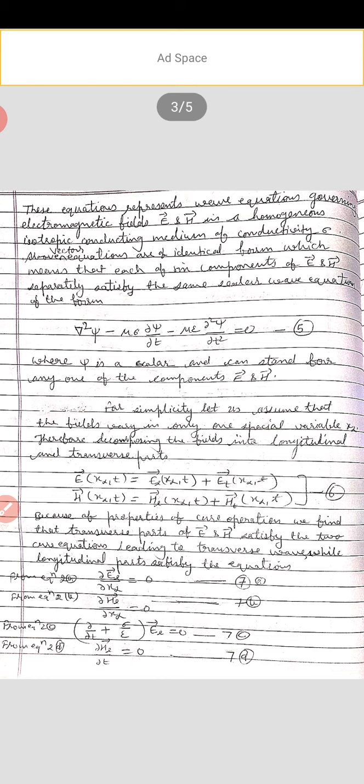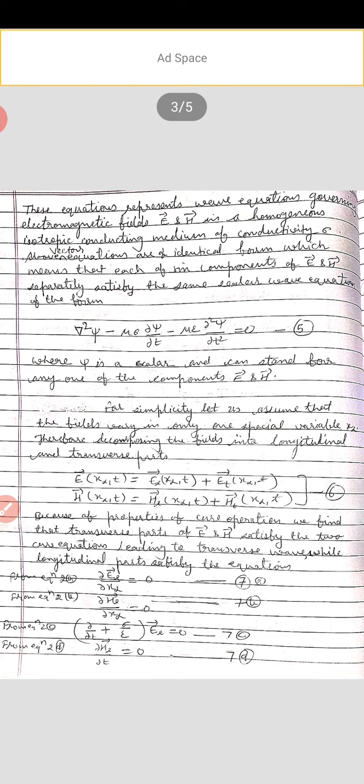If we divide the electric field into two parts, first longitudinal and second transverse, then we can write the E vector as E(x alpha, t) is equal to E_L(x alpha, t) plus E_T(x alpha, t). L stands for longitudinal and T stands for transverse. Similarly, H(x alpha, t) is equal to H_L(x alpha, t) plus H_T(x alpha, t).